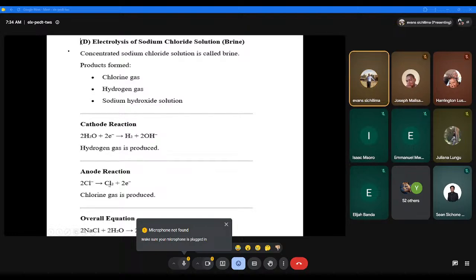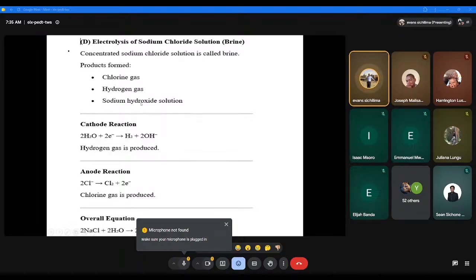So we have both hydrogen coming out from the cathode, chlorine gas coming out of the anode, and what is remaining is the sodium ion, which will react with this hydroxide to form sodium hydroxide solution.